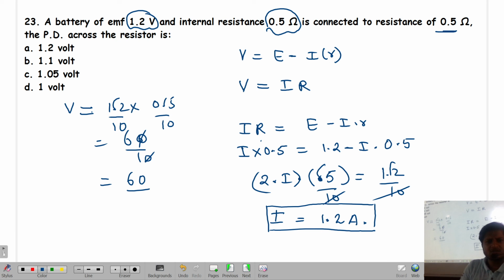So I'm saying the question is wrong or what? 0.5 ohm and connected to resistance of 0.5. So V is equal to IR. Wait, wait. This will be added, I think. Is it?